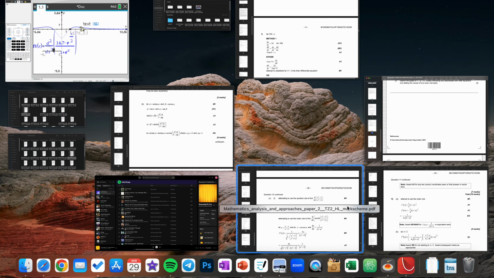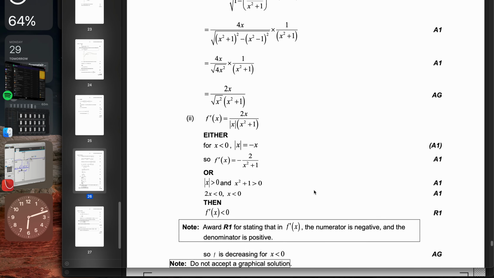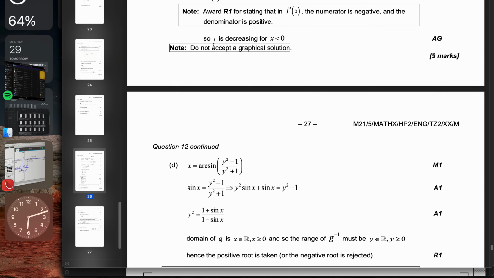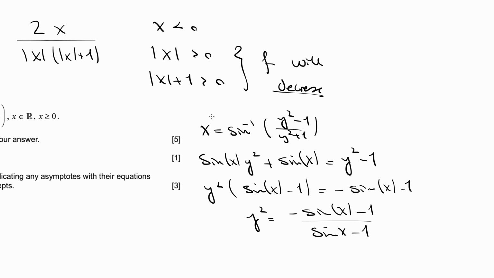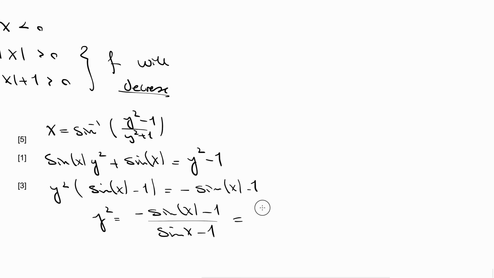Let's see. y squared 1 plus sine of x over 1 minus, okay, so I guess I can factor out the negative, so that's going to be 1 plus sine of x, and then here is going to be 1 minus sine of x, right?